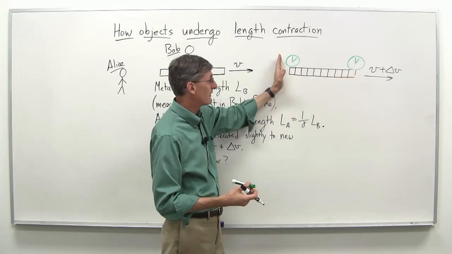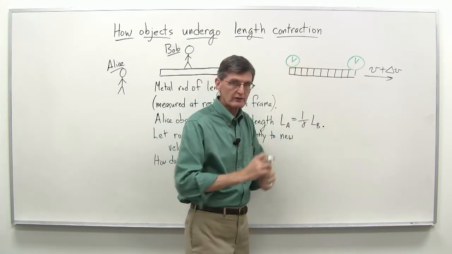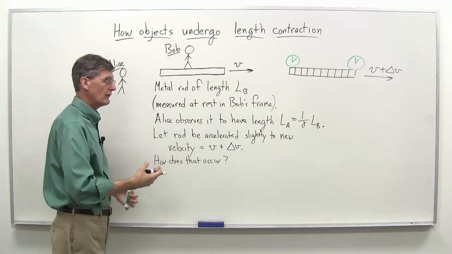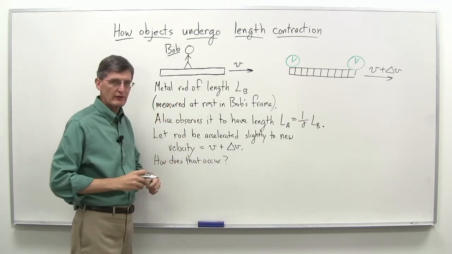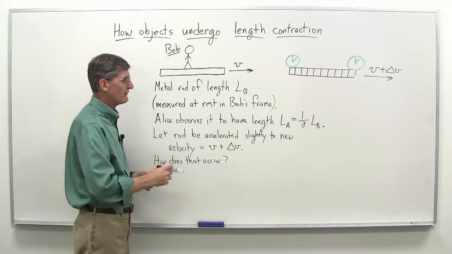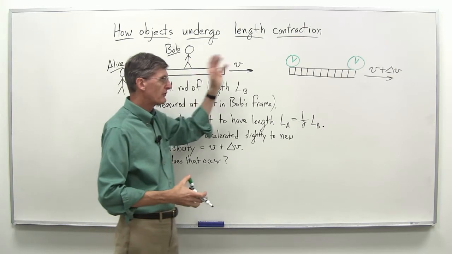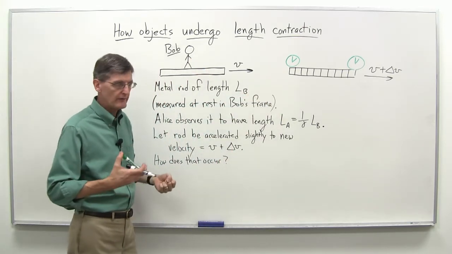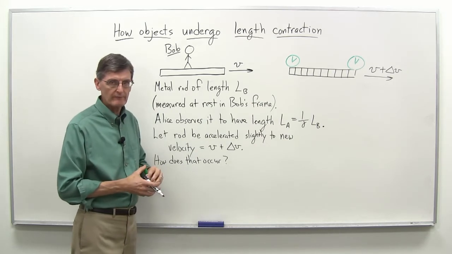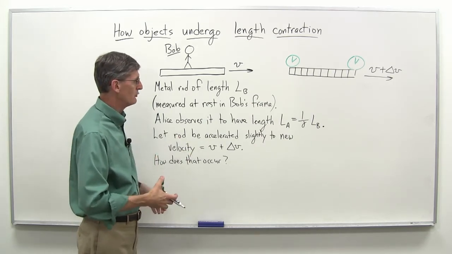The impetus given to the back first pushes it in a little bit, and therefore the length contracts. And that's a way to think about how length contraction actually works. Like pretty much everything we've done in terms of deriving these results, even though we've come a long way since we started with the relativity of simultaneity. And that, of course, came from Einstein's principle that the speed of light is constant in all reference frames, all inertial reference frames that we've been using.